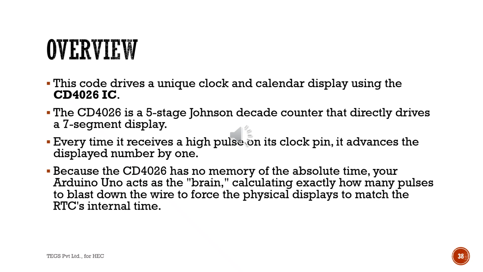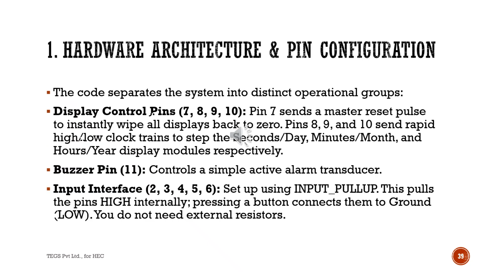Every time it receives a high pulse on the clock pin, it advances the display number by 1. Because the CD4026 has no memory of absolute time, your Arduino acts as the brain, calculating exactly how many pulses to blast down the wire to force the physical display to match the RTC internal time.